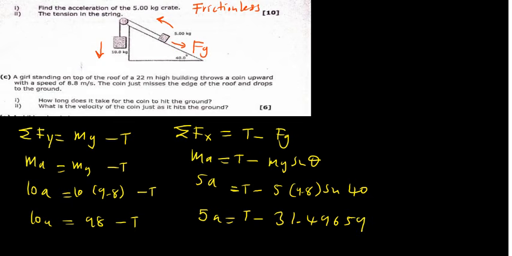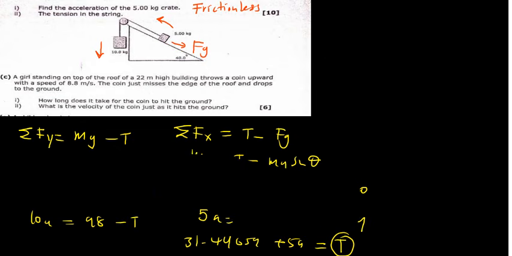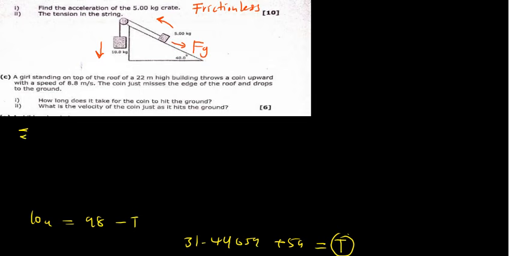I can take this term to the other side to make T the subject. So that will be positive 31.49659, plus 5a, equal to tension. Where there is tension here, I'm going to substitute that value. What is that going to give us?